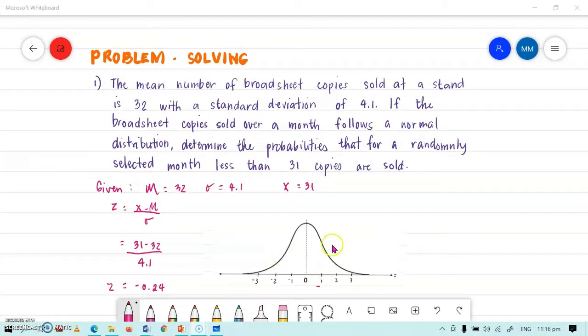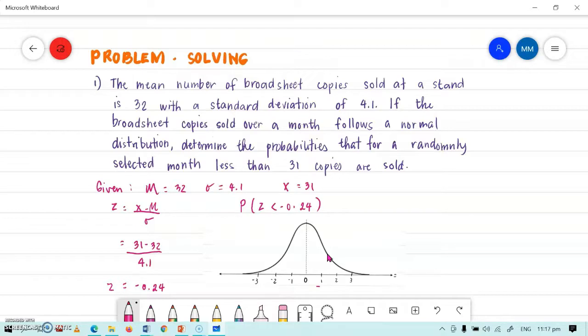Let's go back to what is asked in the problem. Determine the probability that for a randomly selected month, less than 31 copies are sold. Since the corresponding z-score of 31 is negative 0.24, what we are looking for is the probability of z less than negative 0.24.